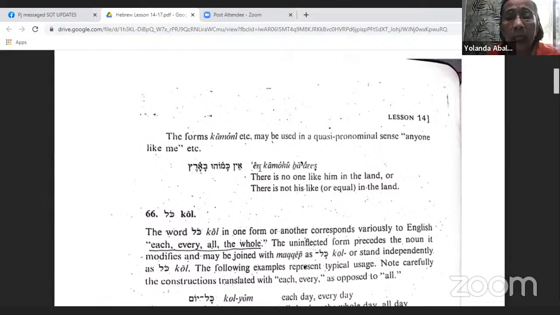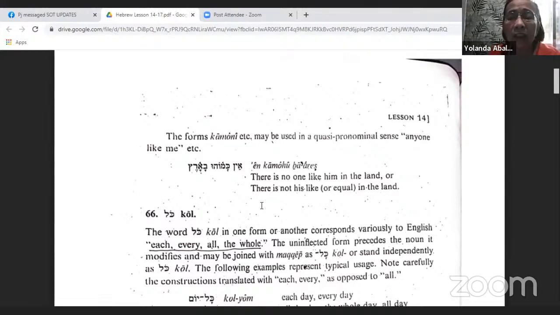En, alam nyo na pag-aralan nyo, none. Kamoho, like him. Baarets, ba is a preposition in arets, land. Ano meron? There is no one like him in the land. Or, the other way to make a sentence, there is not his like or equal in the land.